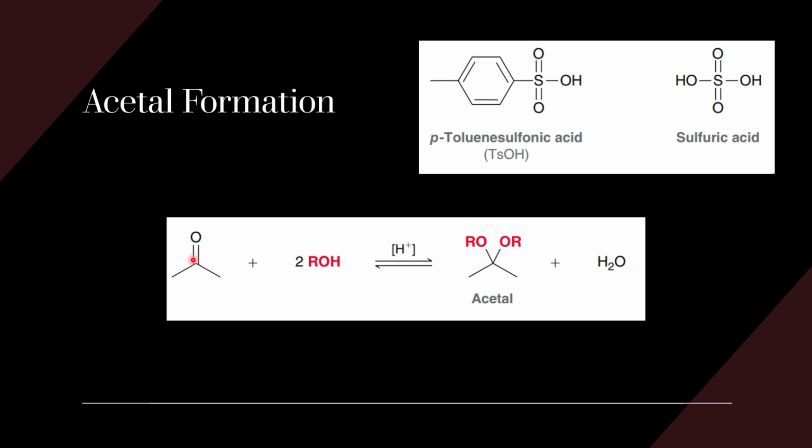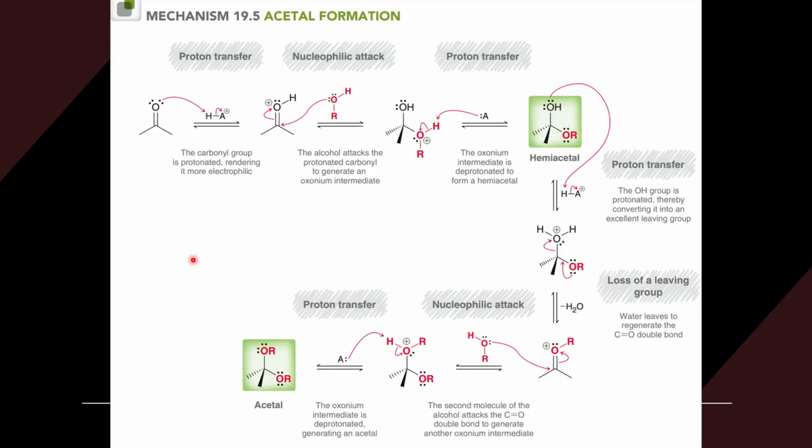Now, let us look at how this proceeds forward. Okay? So we're just going to speak about this for a moment. I leave it up to you to study this mechanism, but I want you to understand the principle of what is happening here. So let's just see what Klein has given us.